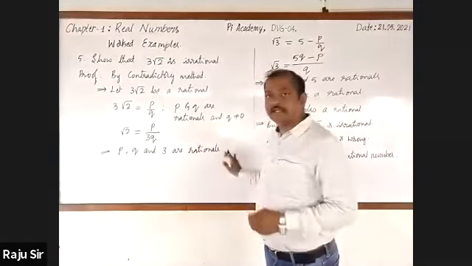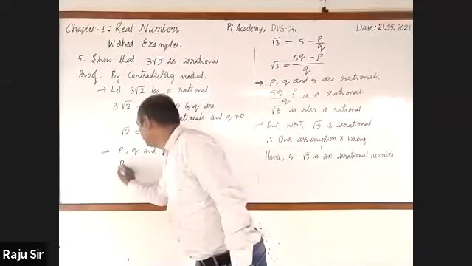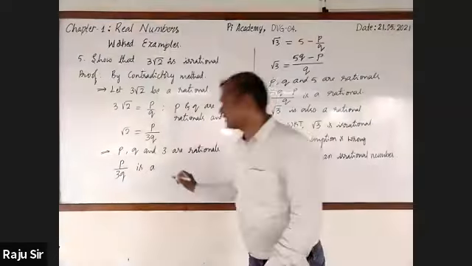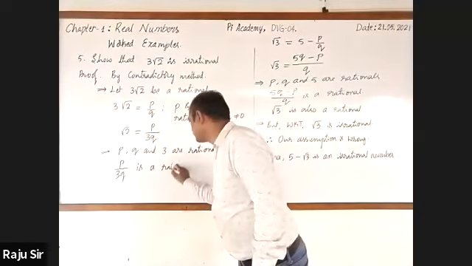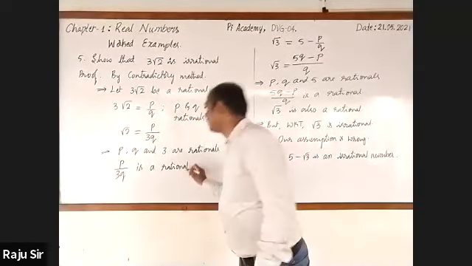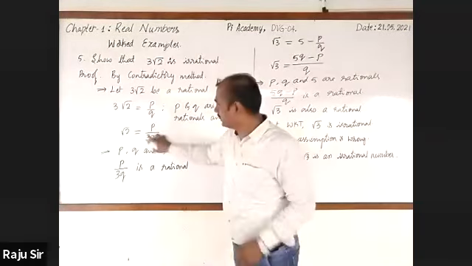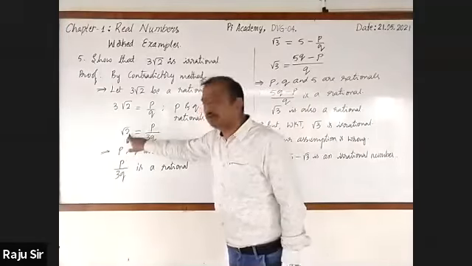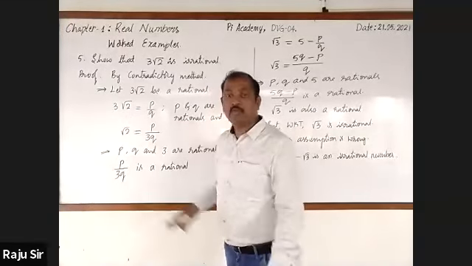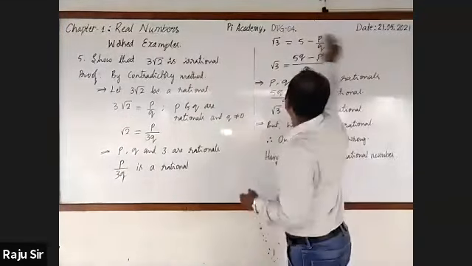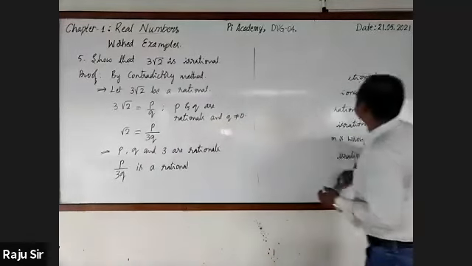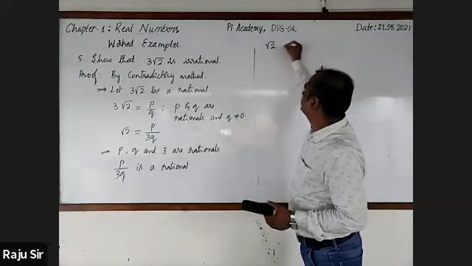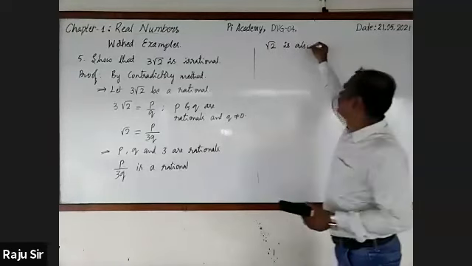If these are rationals, P by 3Q is also a rational. As this whole statement, which is in the RHS side, is a rational, and that's equal to root 2, root 2 will also be a rational.